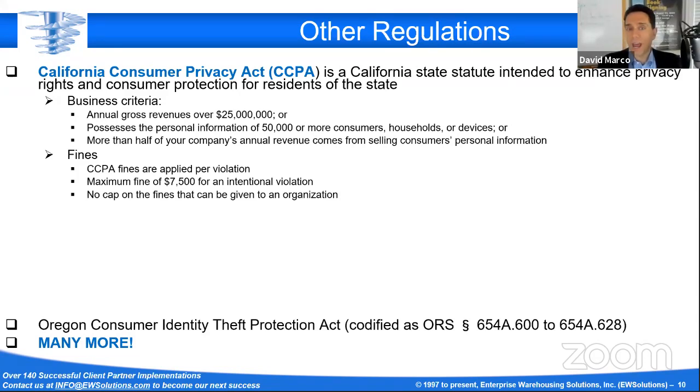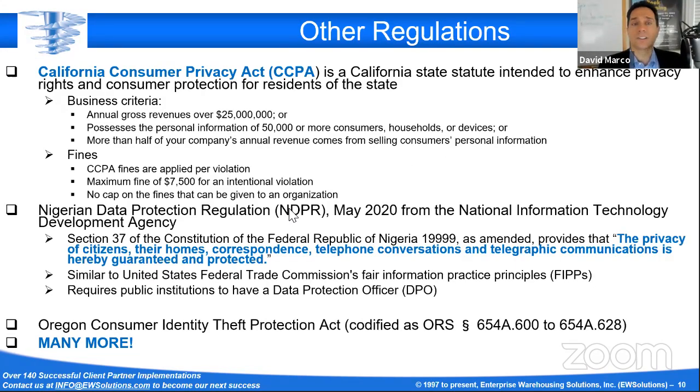So what if you had 1 million violations, which is easy to do in an automated world like we live in? That's very easy to do. You take that million, you multiply it by 7,500. That can become a lot of money fast. We've not seen that type of fining yet, but it is possible under CCPA.